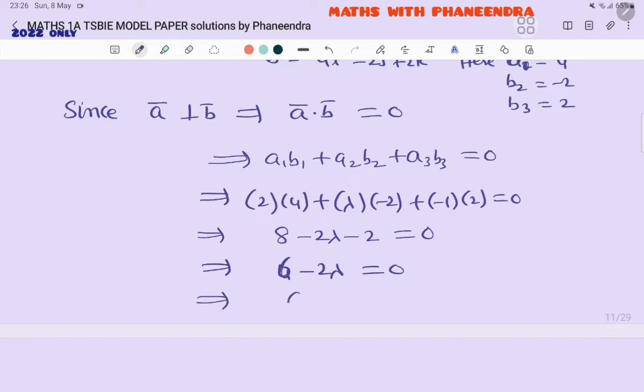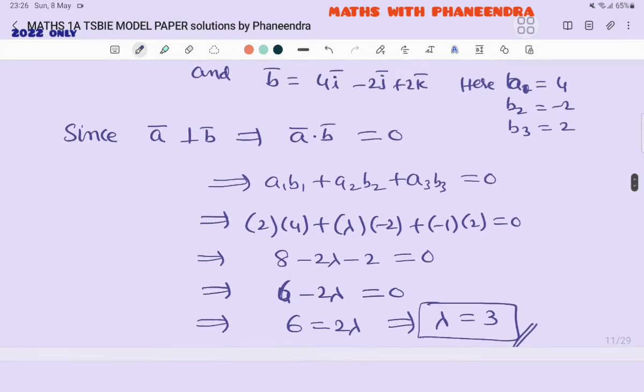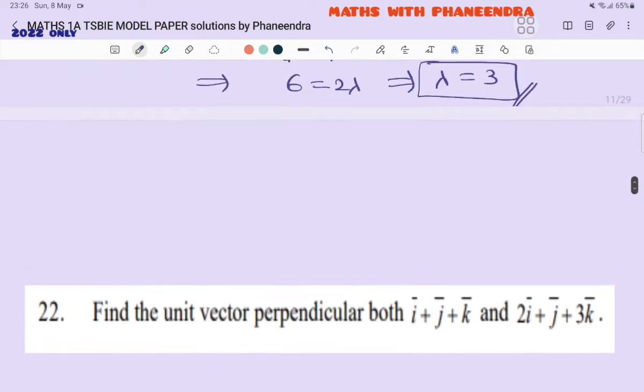That implies 6 is equal to 2 lambda. That implies lambda is equal to 3. So 2 ones are 2, 2 threes are 6, lambda is equal to 3. I hope you understand this, students. We'll move on to the next question.